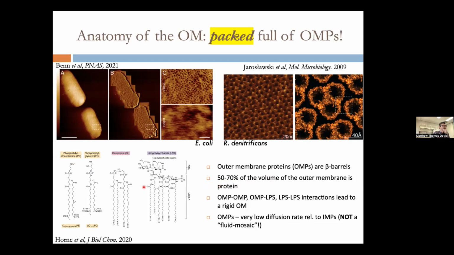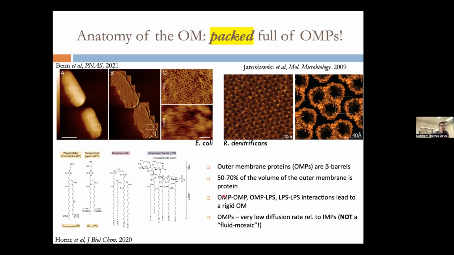So the outer membrane also has lipids that you might expect, like PE, PG, and cardiolipin, 70% PE, so this is the main one. But on the outside, at least in E. coli, 100% of the outer leaflet of the outer membrane is LPS, and this is a bulky molecule, and LPS molecules cross-link with each other across divalent cations.